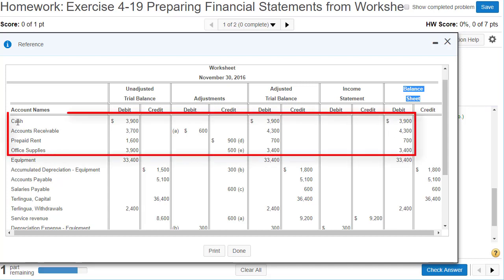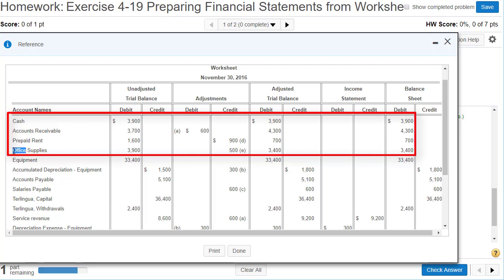Which one of these are current assets? Cash, AR, you expect to receive and turn into cash within the next 12 months. Prepaid rent, you expect to use that up in 12 months. Office supplies, you expect to use that up in 12 months. Equipment is the fixed asset or the plant asset because it's going to last a long time. And then these first four are current assets.